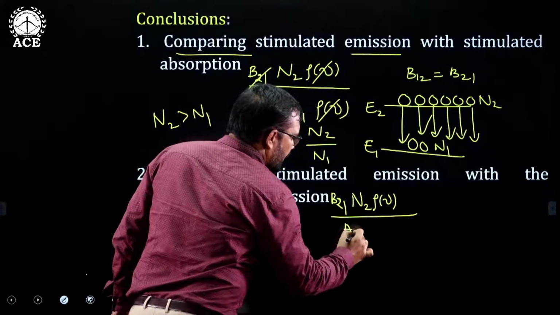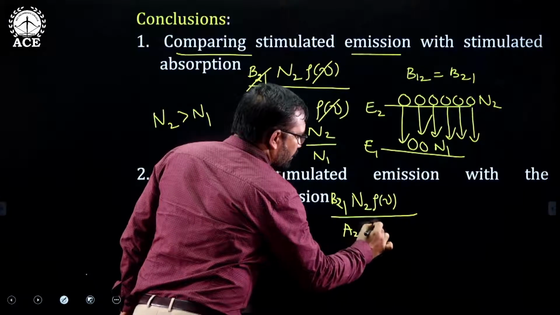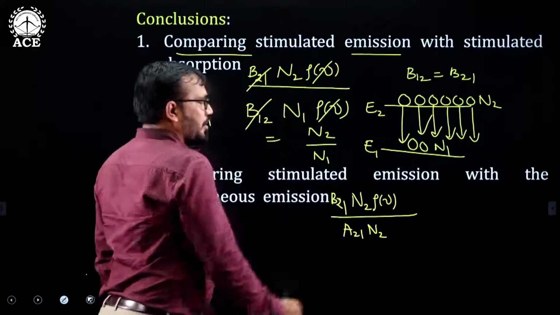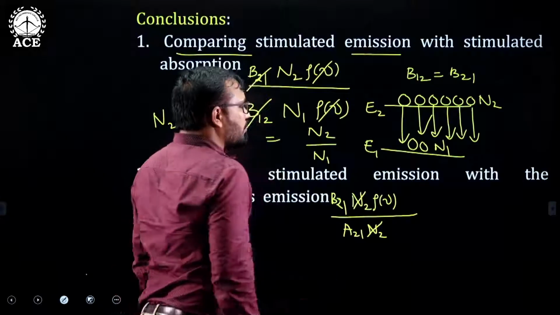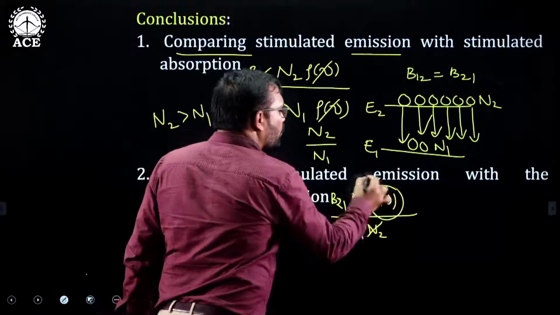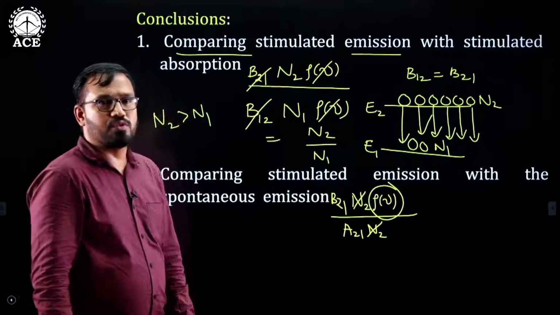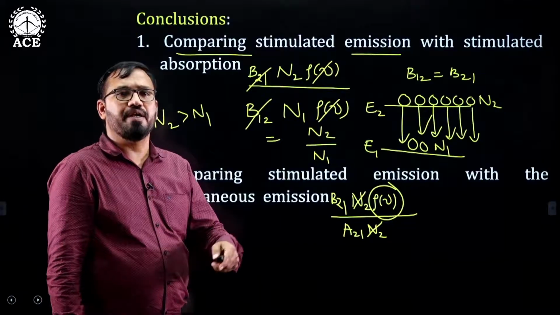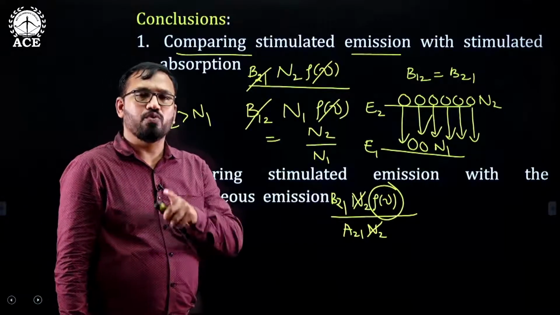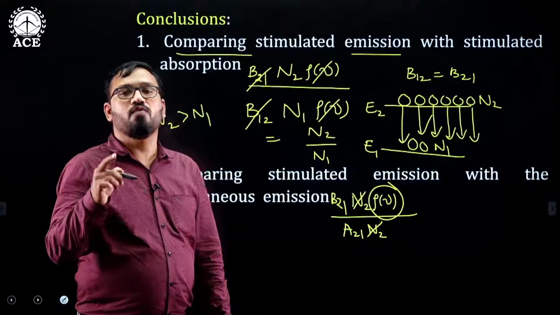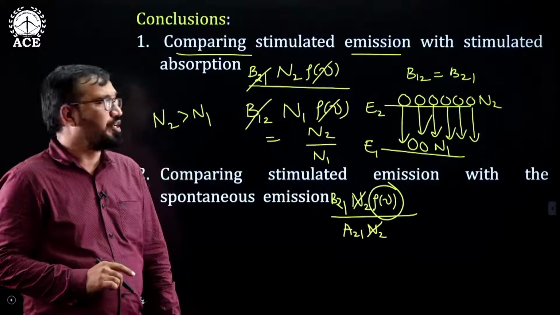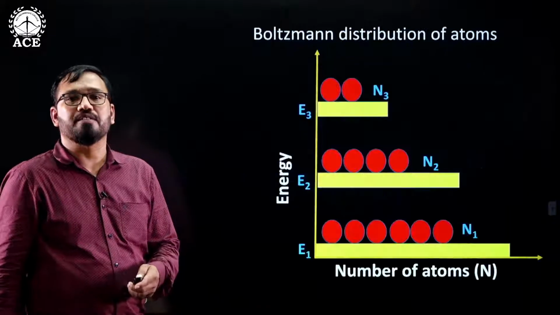Spontaneous emission means A21, N2. The rho nu term is not there. So N2 and N2 get cancelled, which means the ratio is directly proportional to rho nu. To have more stimulated emission, what do you require? More external photon density.